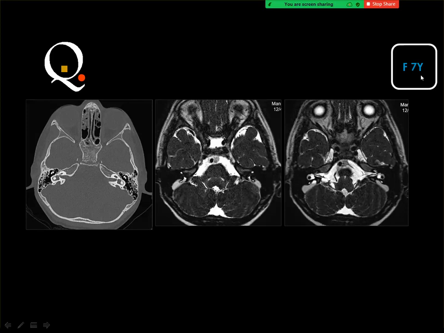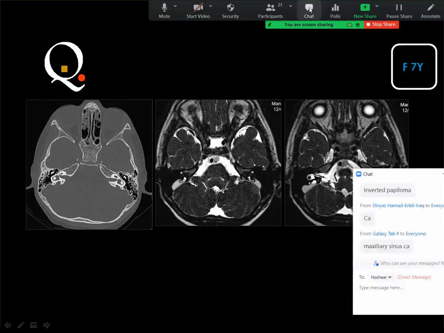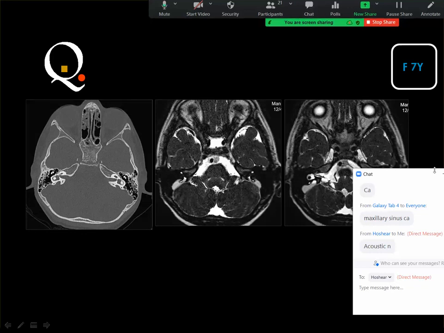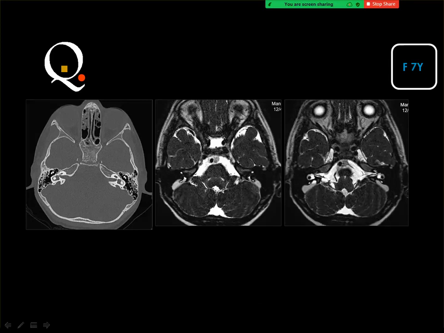This child, 7 years old, had bilateral sensory neural hearing loss. No, this is not acoustic neuroma. The internal auditory canals are patent, and the nerves inside are well demonstrated. Endolymphatic sac, right? This is right.